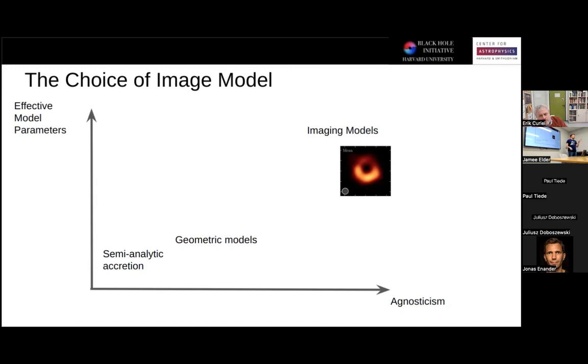You can break down the image into a discrete grid and fit each pixel, or, as the Resolve team in Germany does, you really fit a continuous model. They fit basically a really high-dimensional Gaussian process, which is inherently smooth and continuous. Then to make it computationally tractable, they discretize it, but on really small scales.